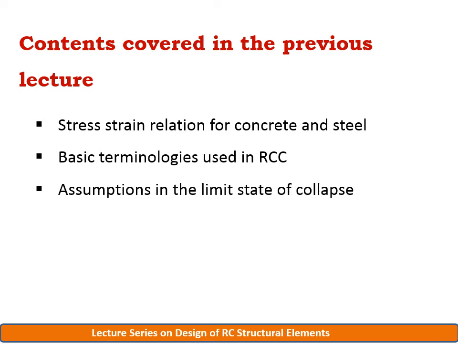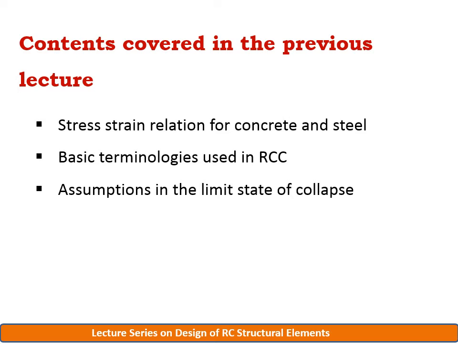Now let's have a glance upon what all we have covered in the previous sessions. In the previous sessions, we had a discussion on stress-strain relation for concrete and steel, the basic terminologies used in RCC for a rectangular section as well as the T section or the flange section, and the assumptions in the limit state of collapse.